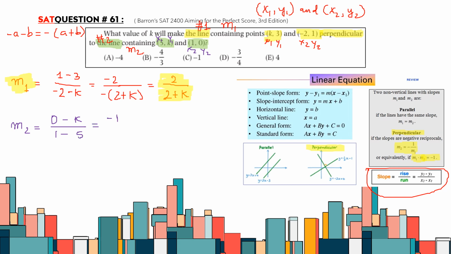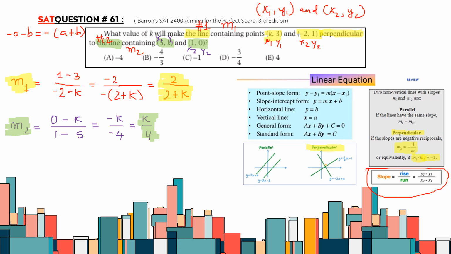So we have minus k over minus 4, so k over 4. And this is our m2.